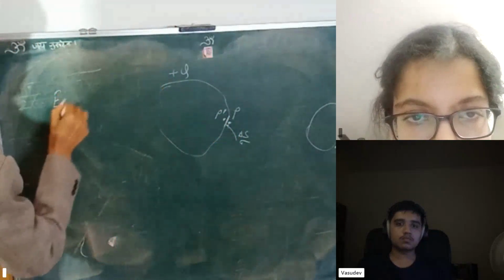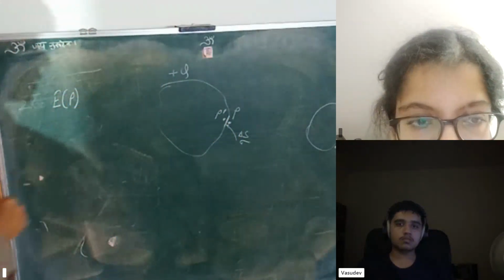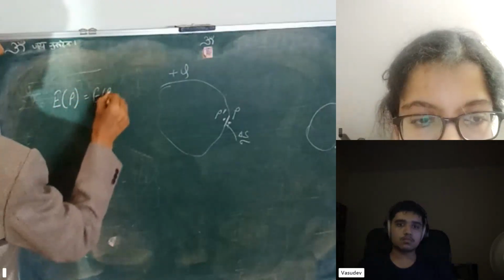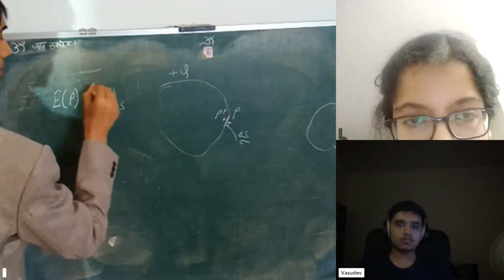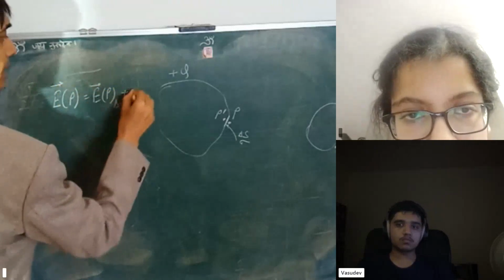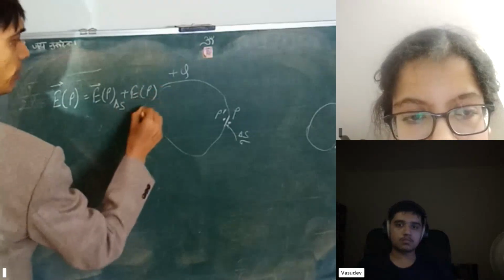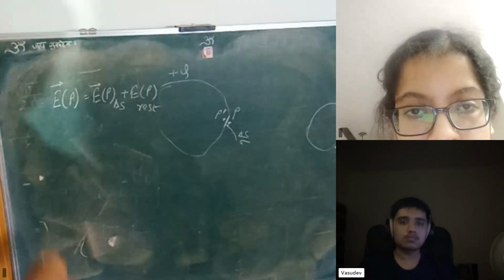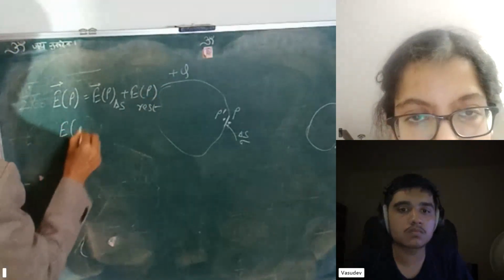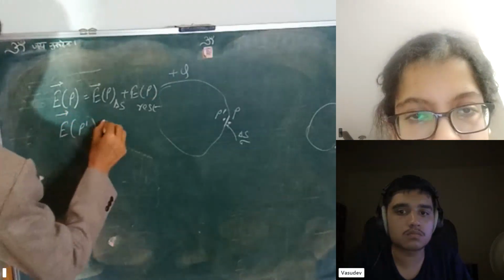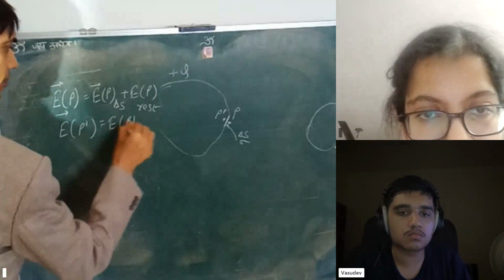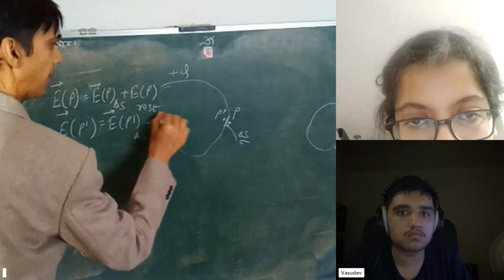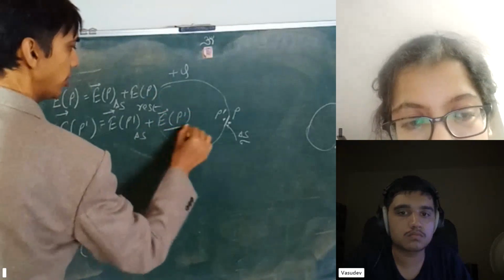Now, E at P, please be very careful, will be E at P due to delta S plus E at P due to the rest of the structure. Agree? Similarly, E at P prime will be E at P prime due to delta S plus E at P prime due to the rest of the structure.